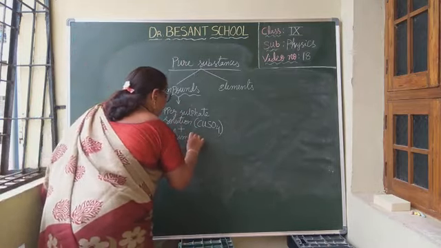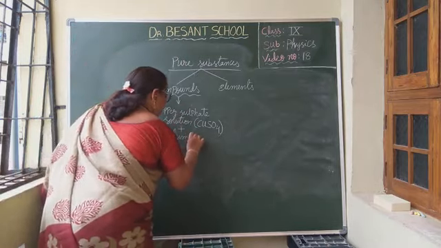Such a substance is called a compound. It is not called a mixture. Here copper sulfate is not a mixture because copper and sulfur cannot be separated by physical methods. They can be separated only after a chemical reaction. So here copper sulfate is called a compound. Are you able to understand, children? Clear? This is what a compound is.